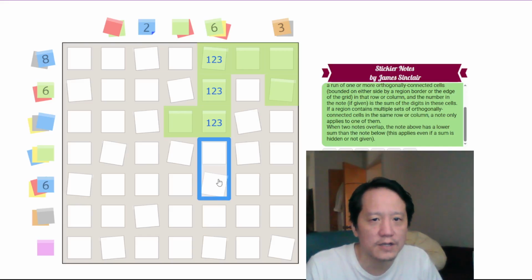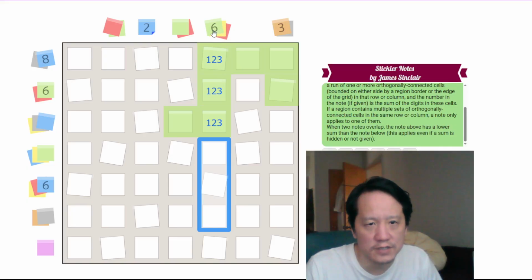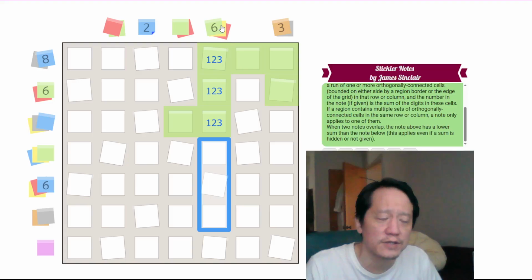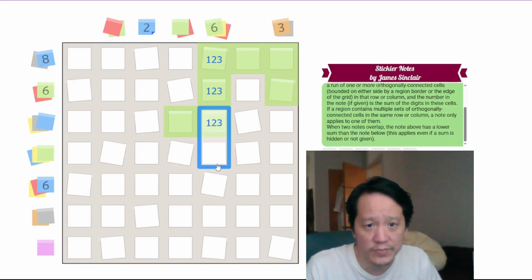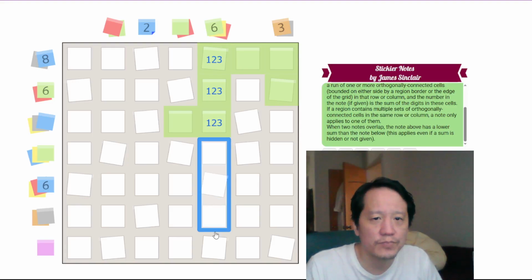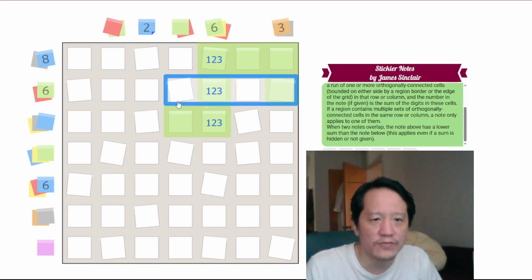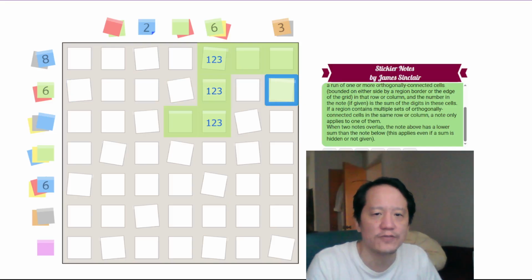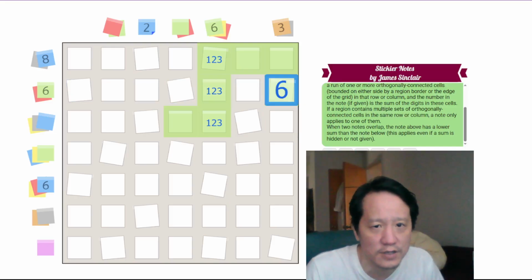We also know there would have to be a red and a yellow orthogonally connected sum. That yellow would have to be greater than 6, and then red would have to be greater than the yellow sum. Anyways, this would have to have 6 as a sum somewhere as a green set, so this would have to be 6 there if that were the case.